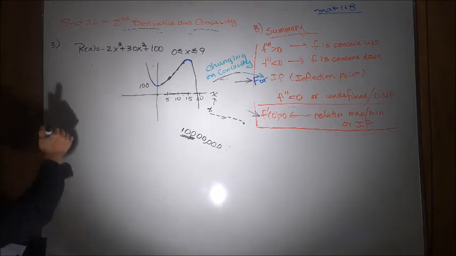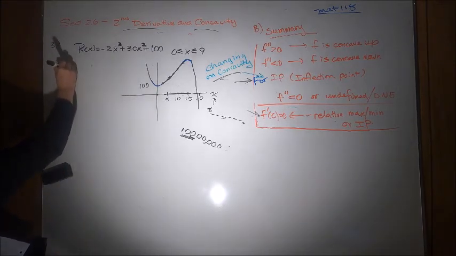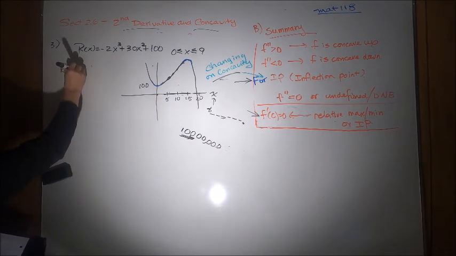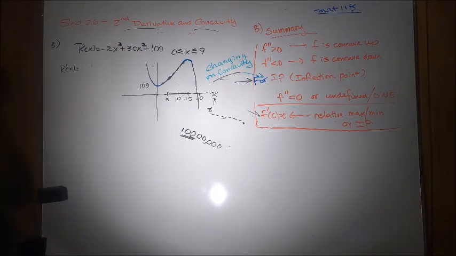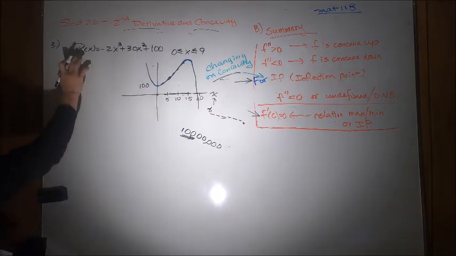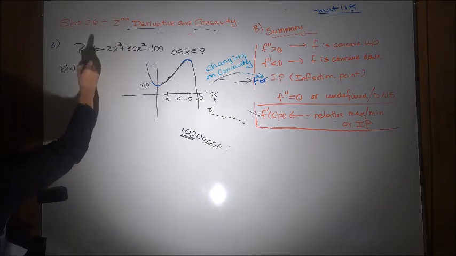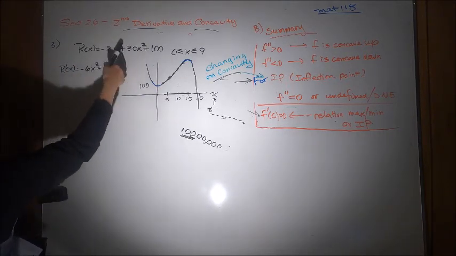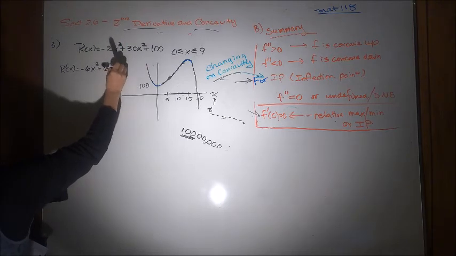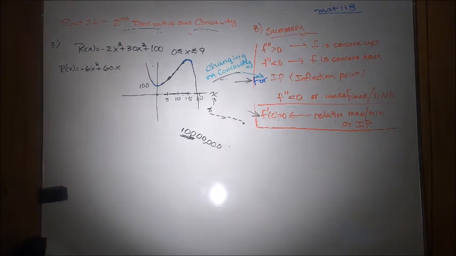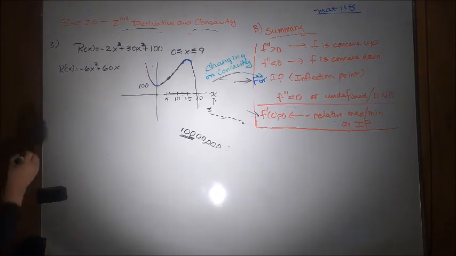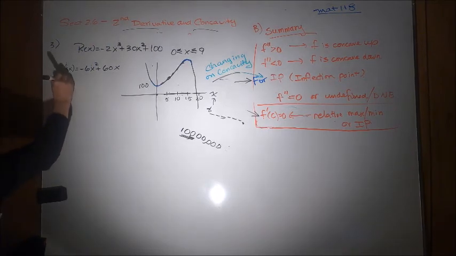So we need to find f prime prime. We find the first derivative first. You take the derivative of the revenue, that would be negative 6x squared plus 2 times 60x, right? Then we do r prime prime.